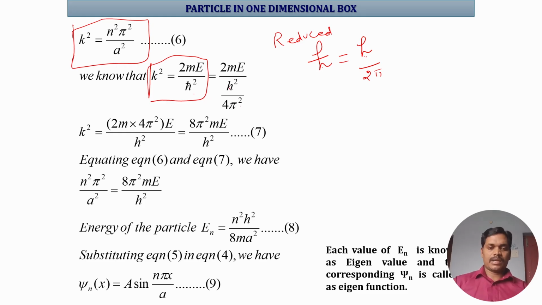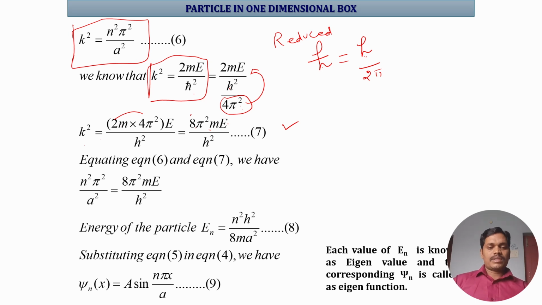Rearranging this, the 4 pi square comes up, so that we have k square equal to 2m into 4 pi square E by h square. Here 4 into 2, we can have 8, so 8 pi square mE by h square. This is equation 7.